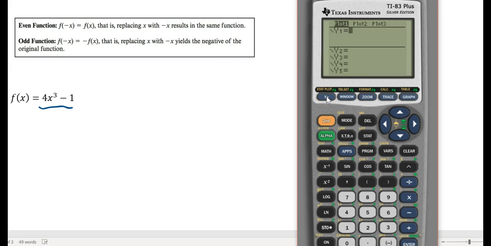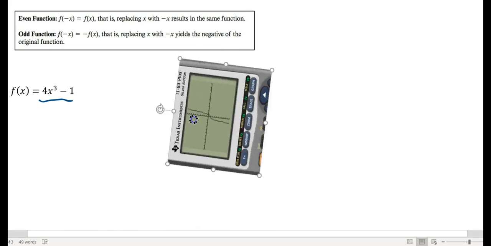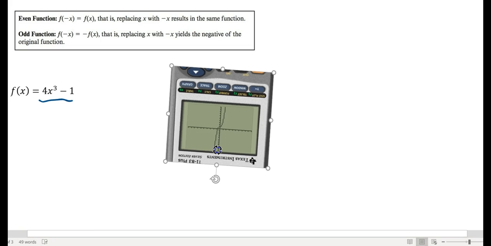Once again, I go into my grapher and I type in 4x cubed minus 1, and I graph it. Now, what's so great about the calculator is you can check an odd function very easily. What I want to do is take my calculator and just rotate it around upside down like that.